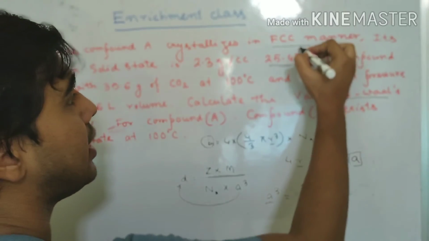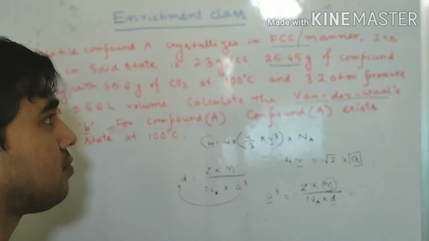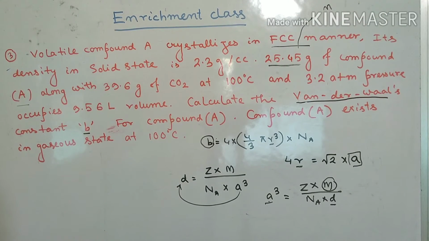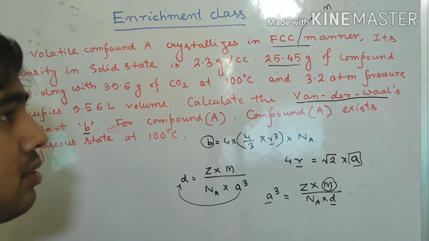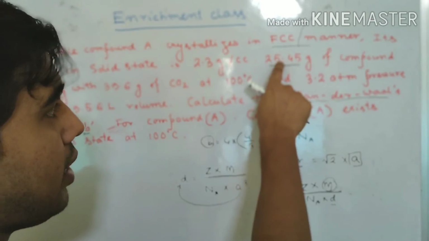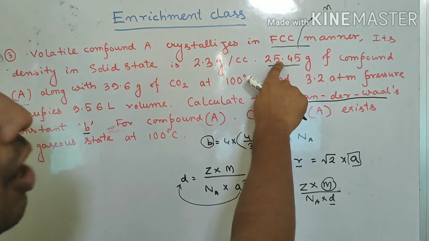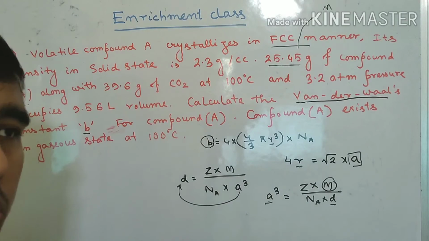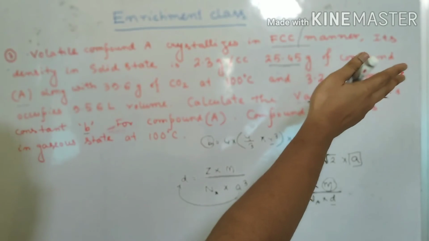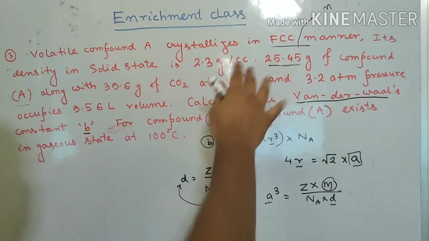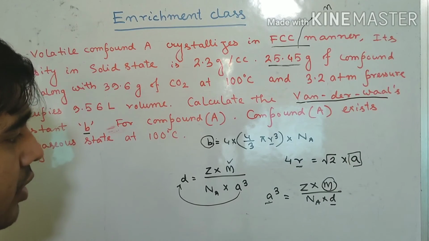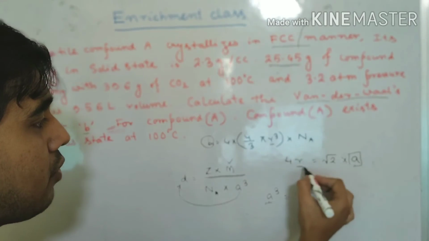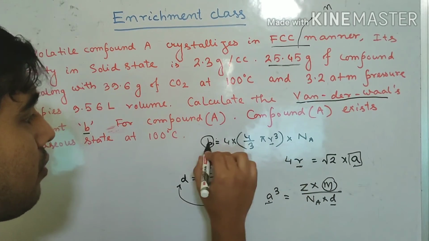If we know that, say, this much is n mole, so based on the number of moles that is present in this particular case, we can calculate the molecular mass. So first thing first, we will calculate this amount of the compound is how much mole. If it is 0.2, so this much is 0.2 mole. 1 mole is how much? From there we will get the molecular weight. We'll put the value of molecular weight here. We'll get A. Once we get A, we can calculate R. Once we calculate R, we can calculate B.